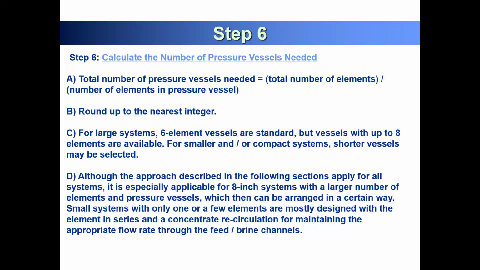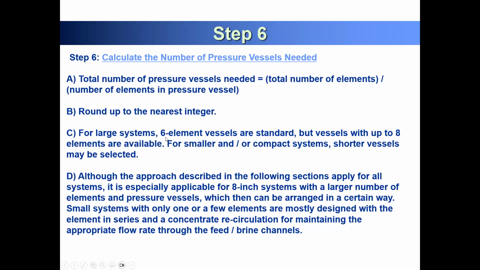So you have 100 elements, which means more than 14 pressure vessels you need. So 100 divided by 7. Just round off to an integer.